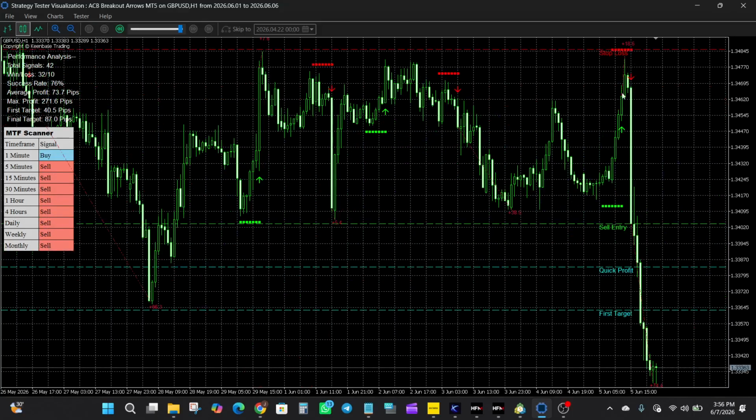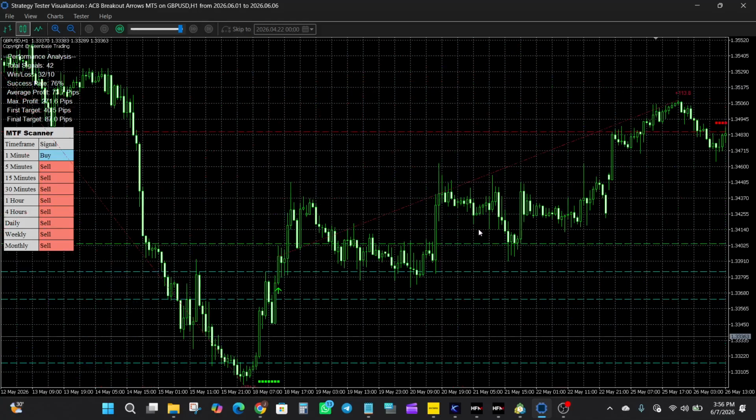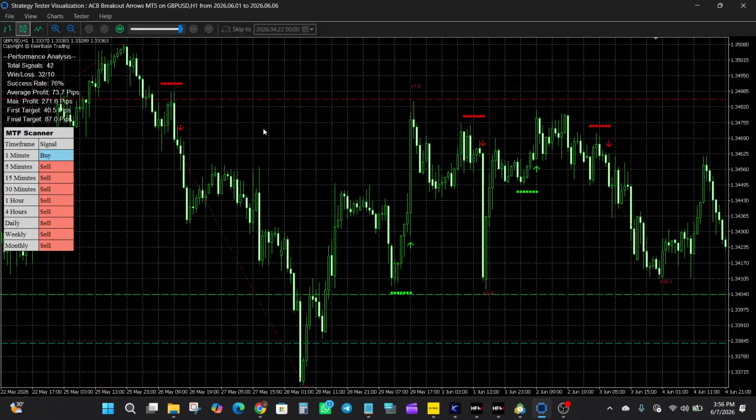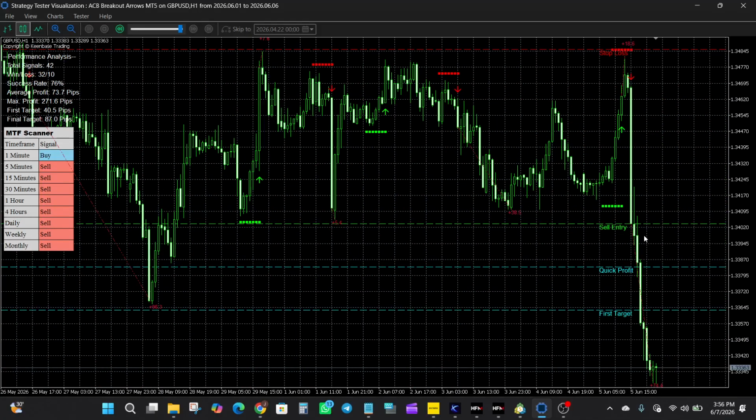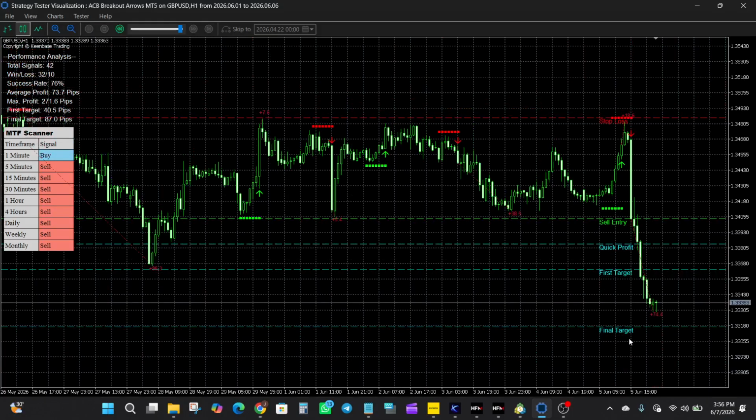Okay, and we can also see here how the indicator shows entry signals, both for buy opportunities and for sell opportunities, alongside specific entries, and then quick profit, first target, and also final target, and also the stop loss levels.